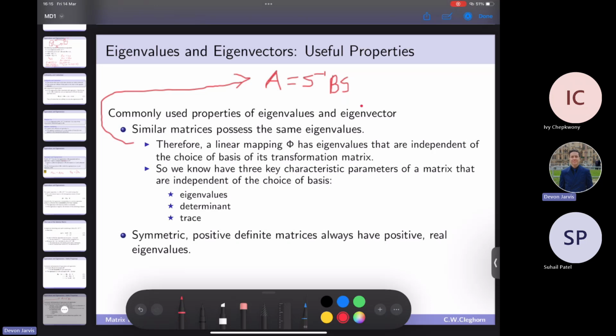If the eigenvalues are the same, and we know that similar matrices, or changes of basis, will share the same eigenvalues, how do I phrase this question? If they are performing the same stretch, if that determinant is the same, what does that tell us about the eigenvectors? Wouldn't they be the same? Not necessarily the same.